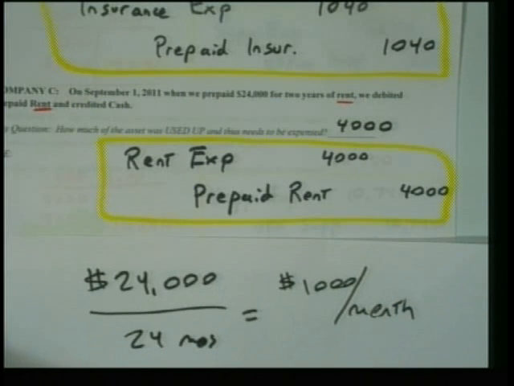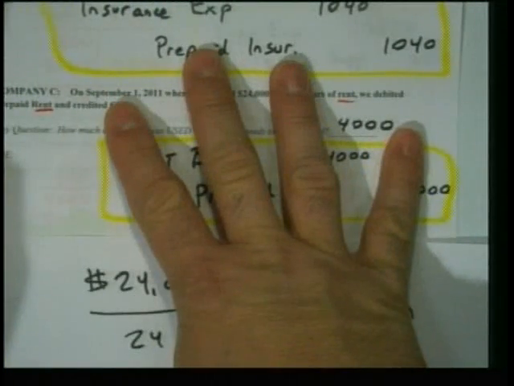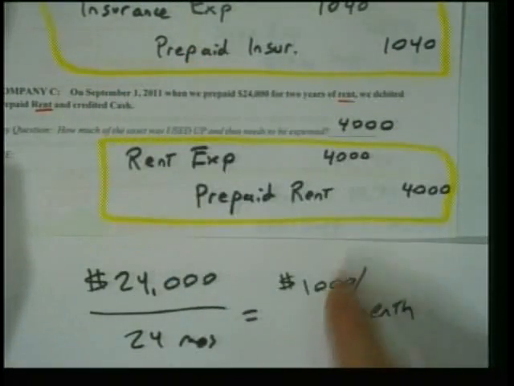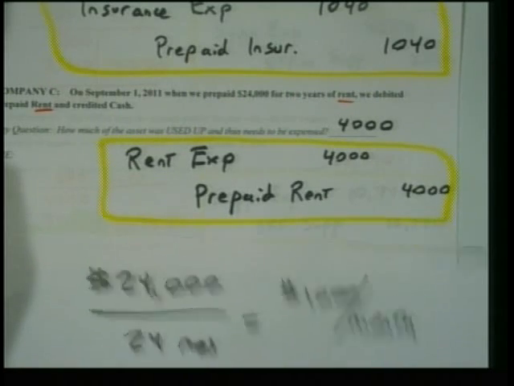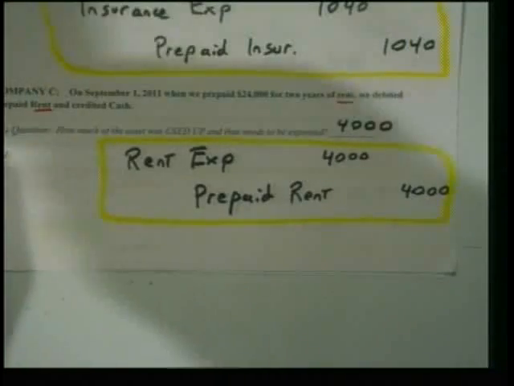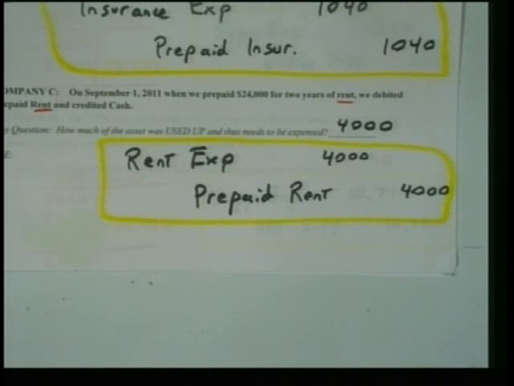At December 31st of 2011, how many months have we provided them occupancy? 4, right? So 4 times 1,000 is 4,000. That's how we come up with that amount. Does that make sense? There are other ways you could have said it.